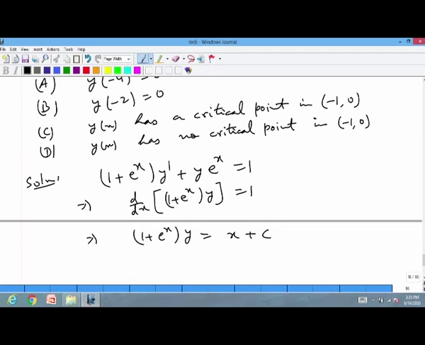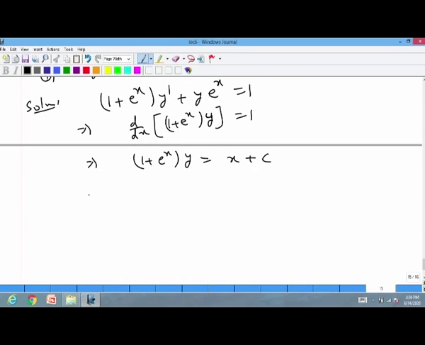Of course, you could also see that this is a linear first order ODE, then find the integrating factor and do it, but sometimes it is easier if you can just realize this as the total derivative of some function. So y = (x + c) / (1 + e^x).